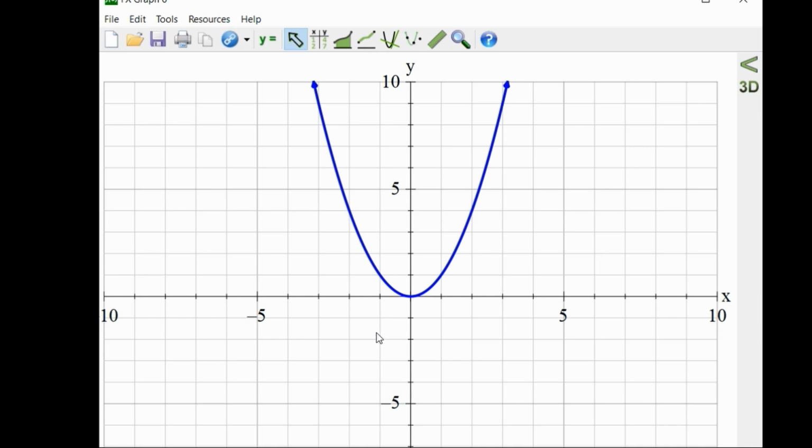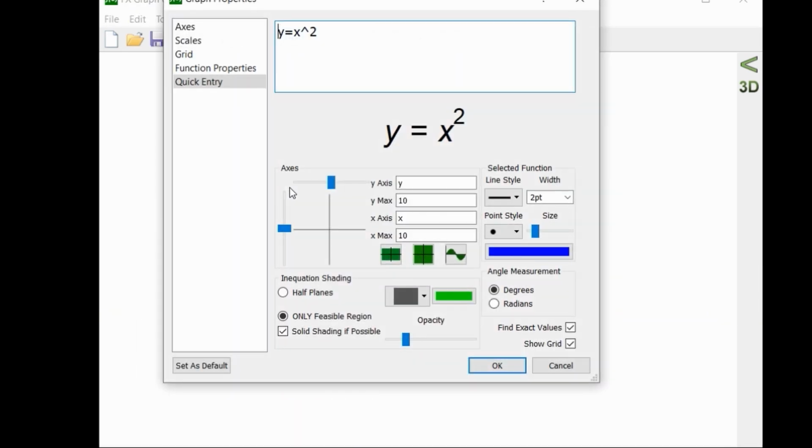Now the thing about squaring numbers: negative 2 multiplied by negative 2 gives you a positive answer. So that would come up there, and it will also give you the answer of 4. Very important fact: when multiplying or dividing, if the signs are the same, the answer is always positive. Now that is the basic shape.